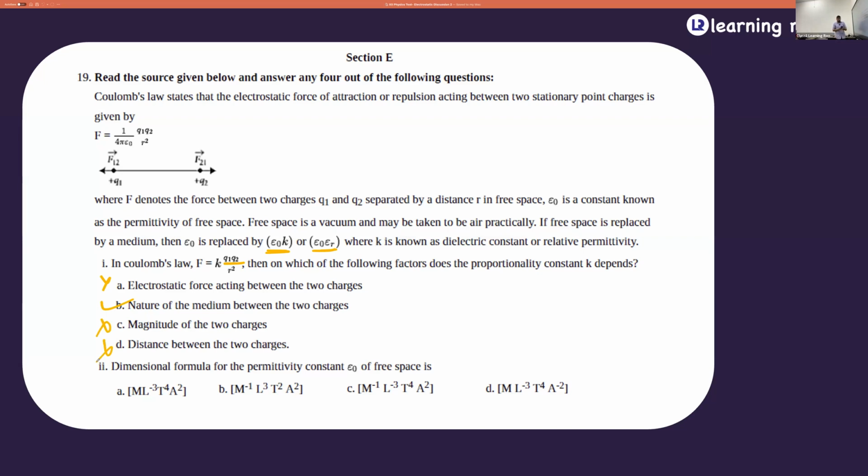I think someone got it wrong for this, no? That's right. M minus 1, L minus 3, T power 4, A square. A stands for ampere. Let me check.